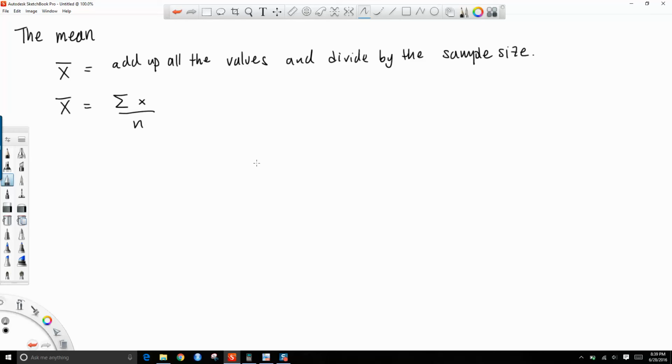Okay? Now we can think of the mean as the balance point. The mean is the balance point of our data. So you could imagine having a box plot.